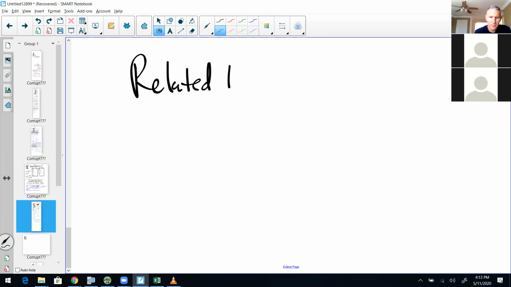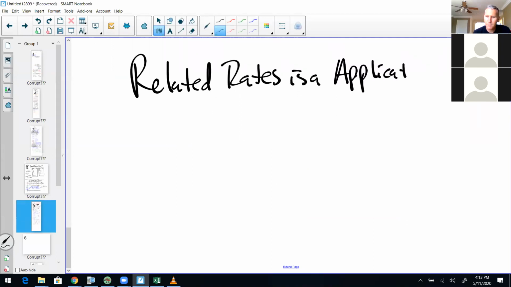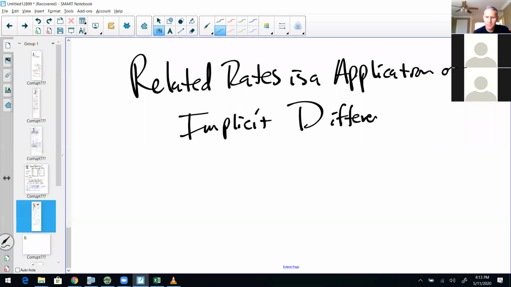Related rates is an application of implicit differentiation. Okay, so this is when they'll say, let me just pull one up really quickly and then I could talk about it.